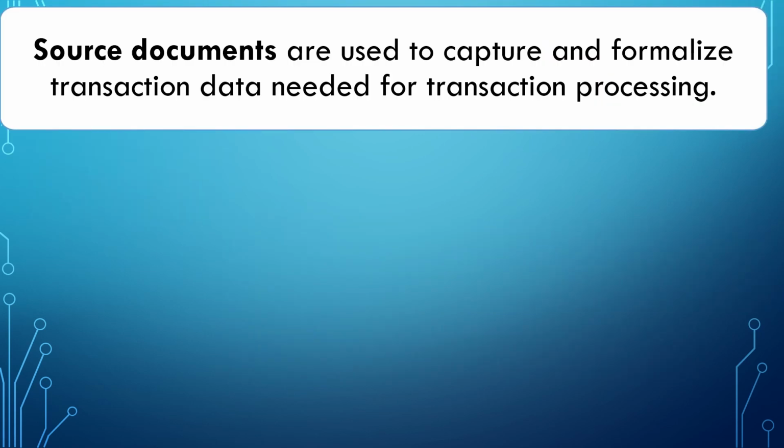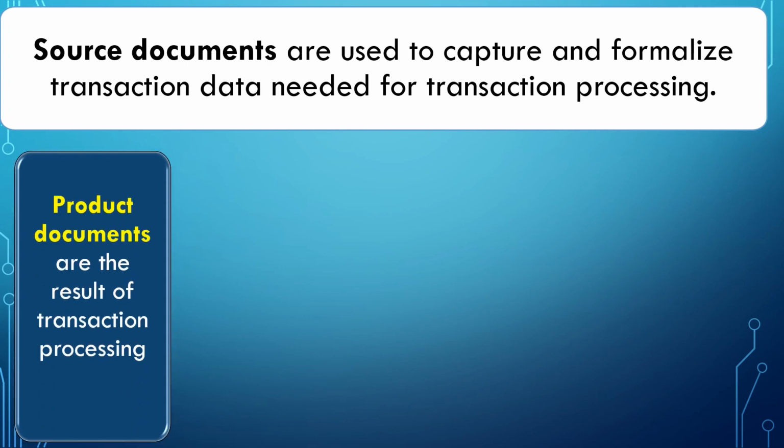Source documents, as we mentioned, are used to capture and formalize the transaction data needed for transaction processing. So a source document is the supporting evidence of the occurrence of that activity or financial transaction. The types of source documents: first are the product documents, which come as a result of the transaction processing.